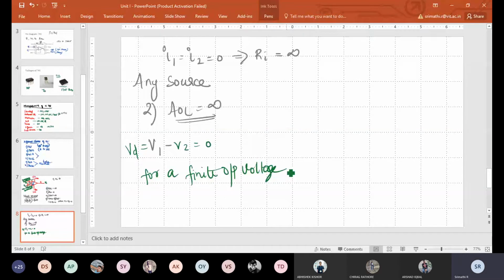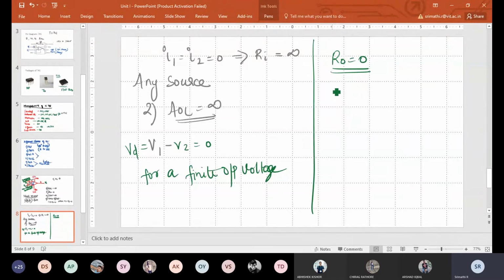The third one is the output voltage is independent of the current drawn from the output. Since R0 is equal to 0, what does it mean? It acts as a short circuit.